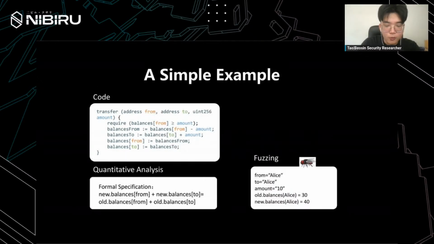So if we do fuzz testing, we can see that if the sender and the receiver are the same person, there's an error in the balance of the person.